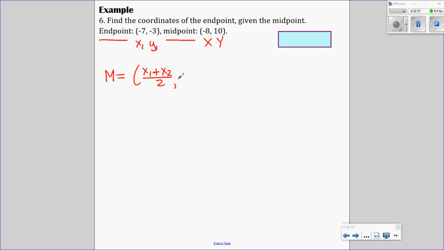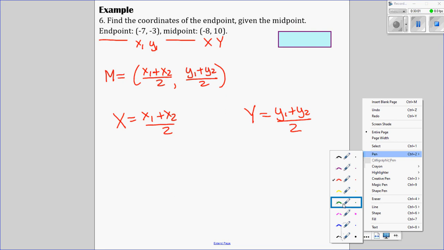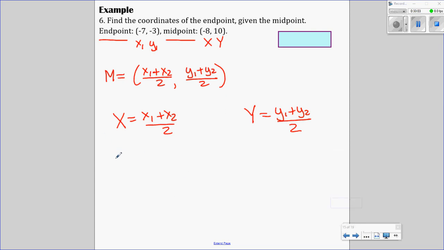So we put our formula. I'm writing this so you are recognizing where this is coming from. So we have our big X, and then x1 plus x2 over 2, and then we have our big Y, that's part of the midpoint, which is equal to y1 plus y2 over 2. Then we plug in everything that we have.